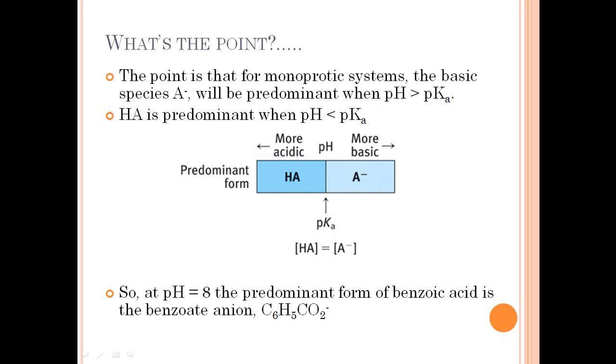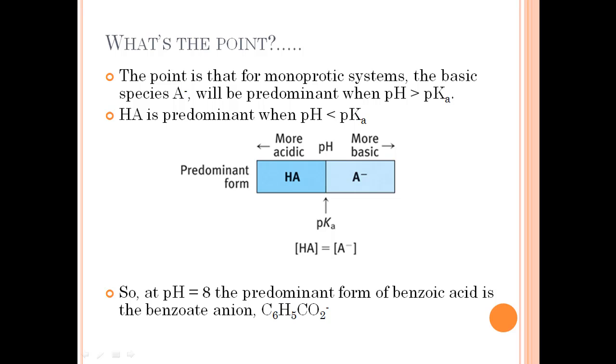So that means that the benzoate ion, or the A minus form, is going to be predominant. Obviously, the opposite is also true. When pH is less than the pKa, so let's say that I gave you a pH of 2, and the benzoic acid had a pKa of 4.20, then the HA, the benzoic acid form, is going to be predominant.